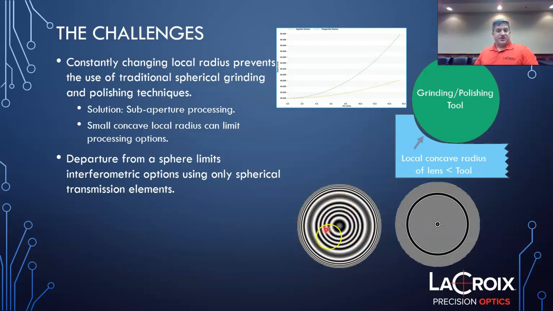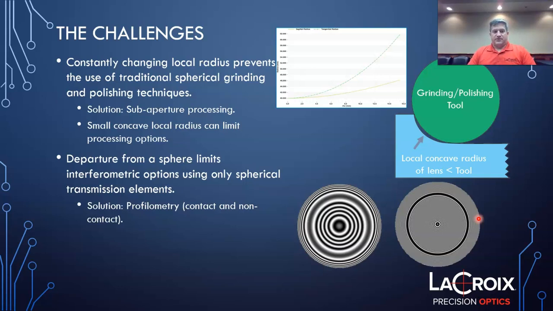So low departure asphere, such as this one, you could probably get away with measuring on an interferometer. There'll be some retrace errors, so depending on accuracy limits, that may have to be accounted for. But it's something that could be done. You get into more extreme departure, now those fringes are unresolvable by the camera, or by eye for that matter. So it's just not possible to measure such a surface as a full aperture, not to mention the retrace errors you could have in there.